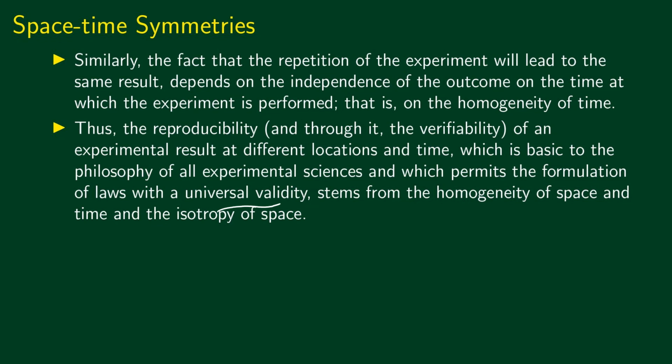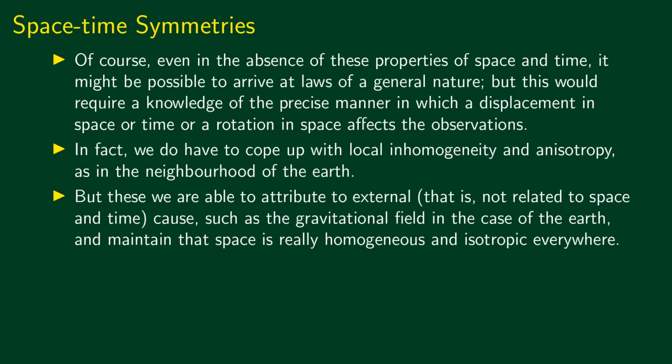So science works the way it does because of homogeneity and isotropy of space, and also due to the homogeneity of time. The evolution of science itself would have been very different if any of these symmetries was absent. Even in the absence of these symmetries of space and time, we might still be able to formulate general laws of physics. But you can imagine how complex these laws might become.